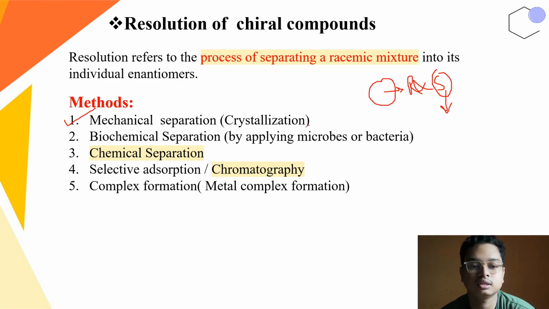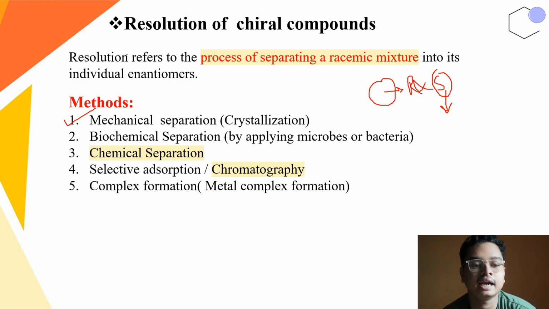And from there we do mechanical separation. Like in tartaric acid, the R form and S form show different crystal structures. So after crystallization, one can do mechanical separation. But the process is very time consuming and tedious.